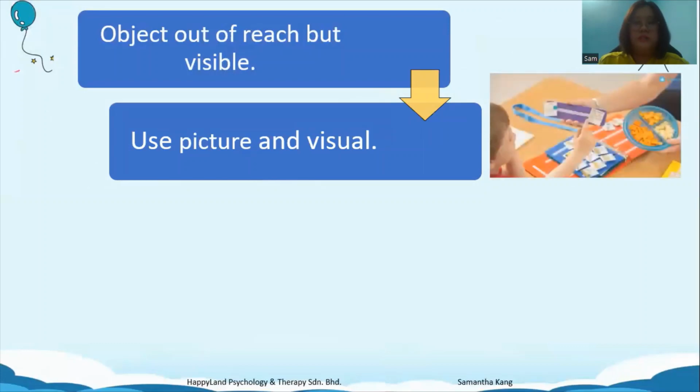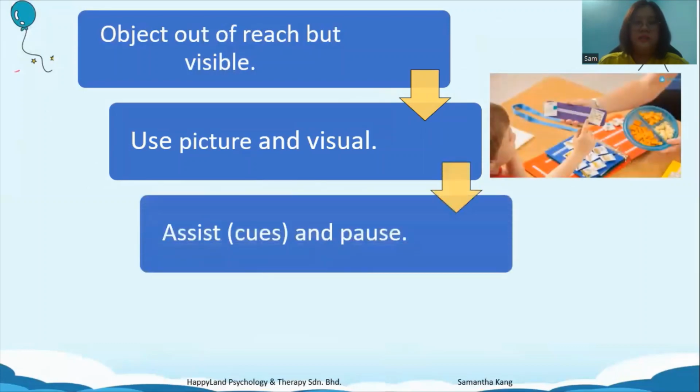Okay, so the third strategy is to assist, give cues and pauses. This one is for when your child is learning to express themselves verbally; try to assist them when needed. For example, if you want to open the door, you can prompt or assist the child by saying "open," and then you give a pause for the child to have the opportunity to say "door."